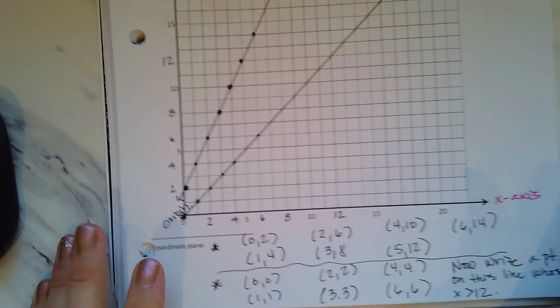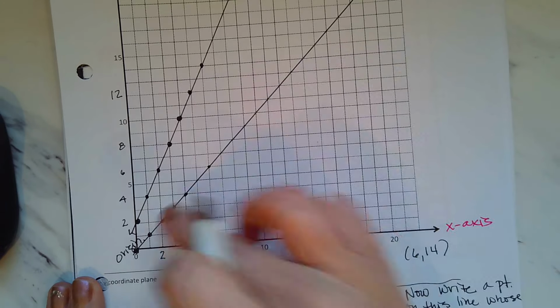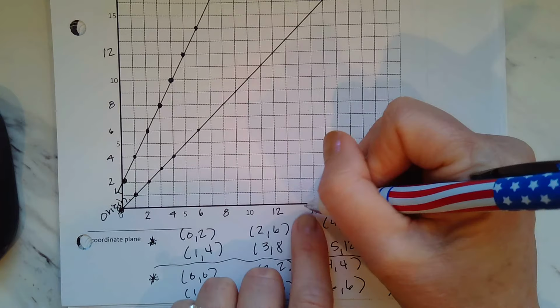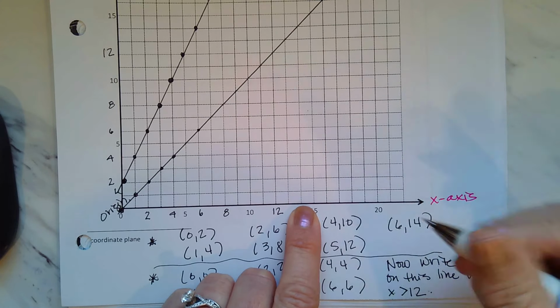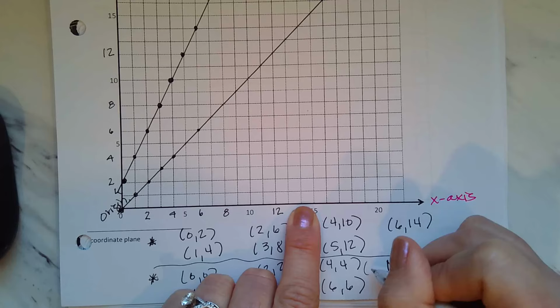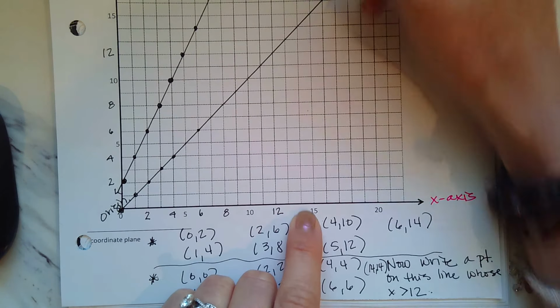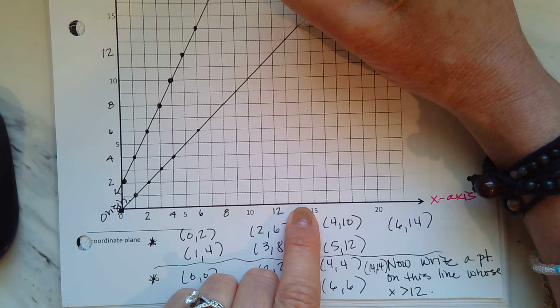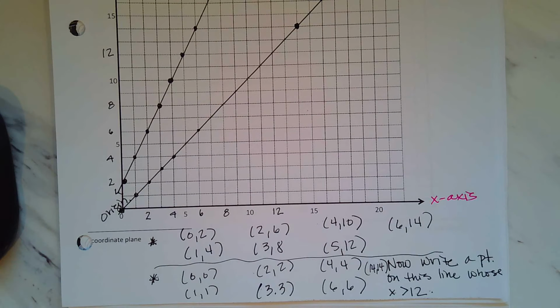Now, after you plot these points and you connect your lines, now write a point on this line whose x is greater than 12. So x is greater than 12, we could go 14, and it's still on that line, correct? All right, excellent job.